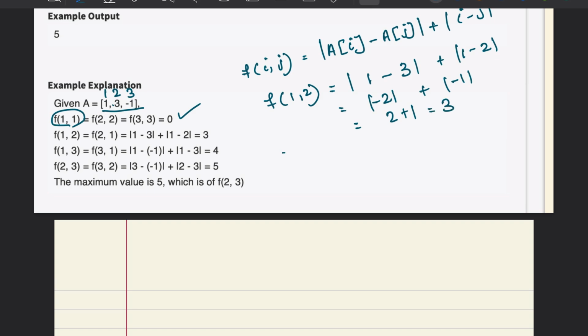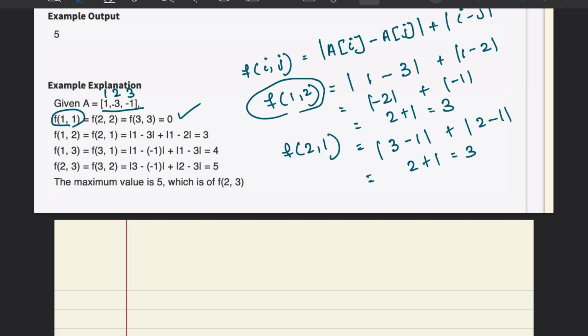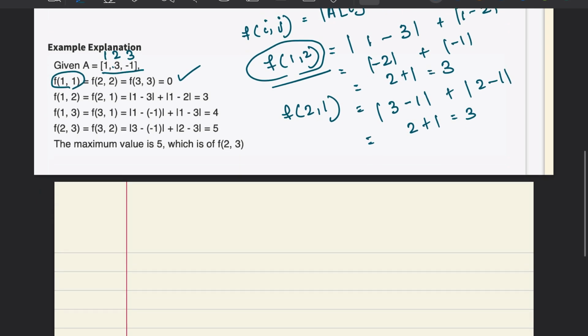Similarly, if we take f(2,1), just reversing f(i,j), then it will be 3 minus 1 plus 2 minus 1, so 2 plus 1 equal to 3. So what we understand is, even if we interchange i and j in f(i,j), it will still be the same result. So the f(1,2) expression and the f(2,1) expression will give the same result.